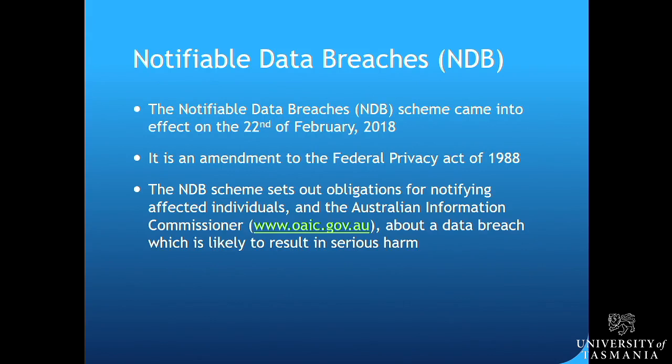So from the 22nd of February moving forward, if a company has a data breach, they have to report it to the Office of the Information Commissioner to say, I've been hacked, this is what's been stolen. They've got up to 30 days to report that it's occurred, or at least 30 days to make an argument to them that they don't need to disclose, which is what the wording really is.